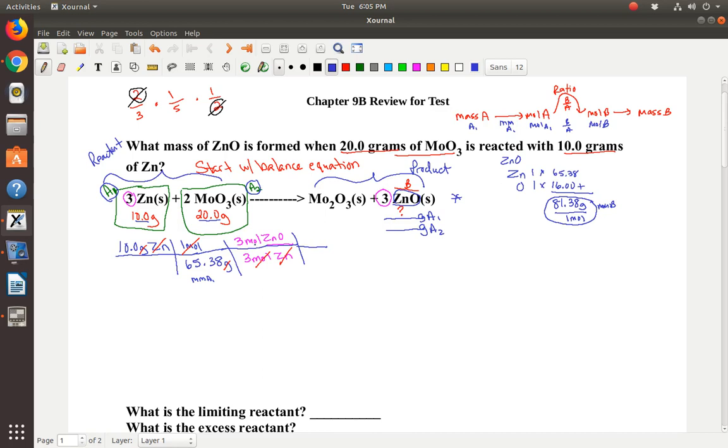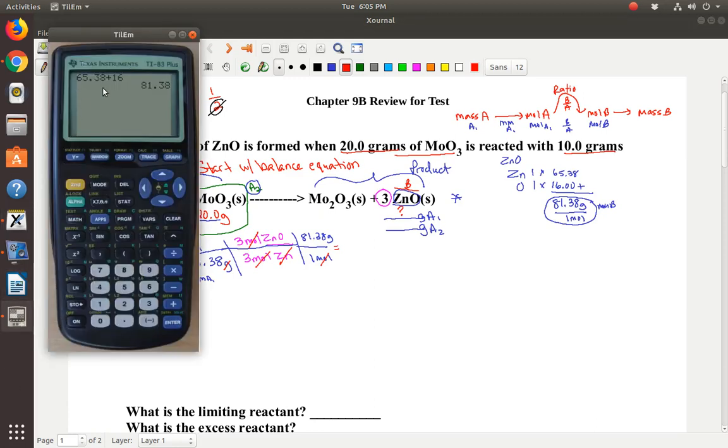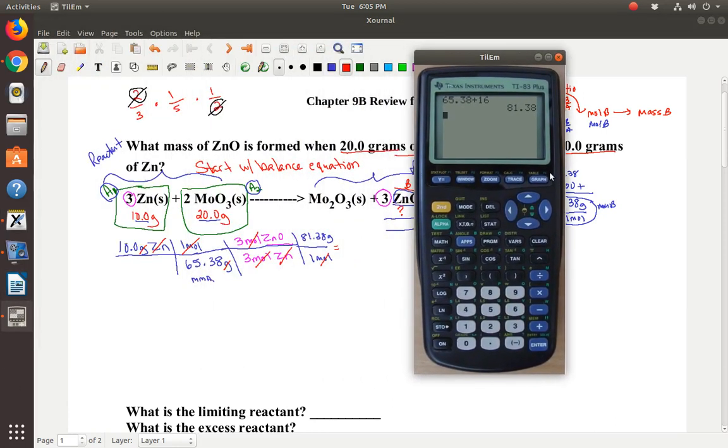All right, so I have moles on the top here, so I need 1 mole on the bottom and 81.38 grams on the top so that my units can cancel again. Moles and moles cancel, and then this is going to give me my first answer. So I'll pull my calculator back up and we'll do this math. We have 10.0, and I'm just putting that in so you can see all the significant figures matter, divided by 65.38.